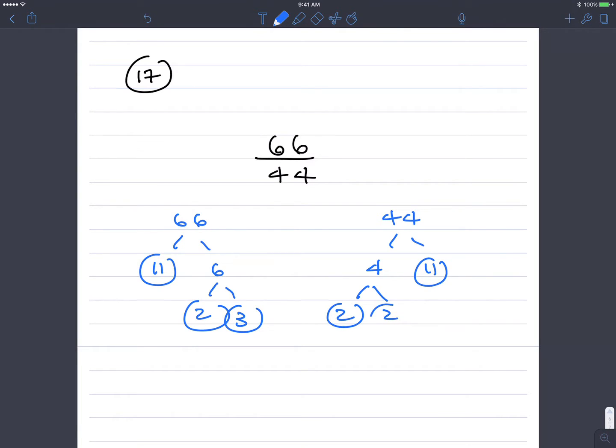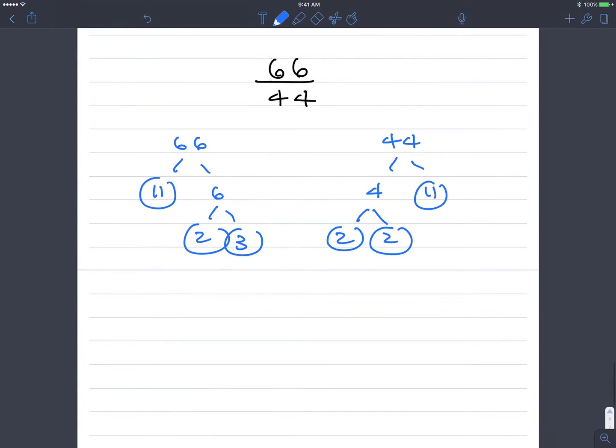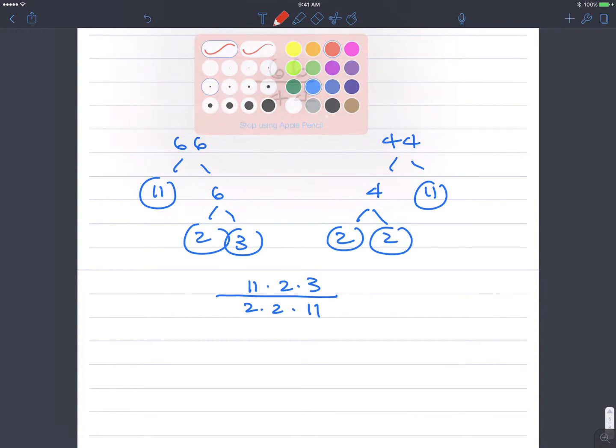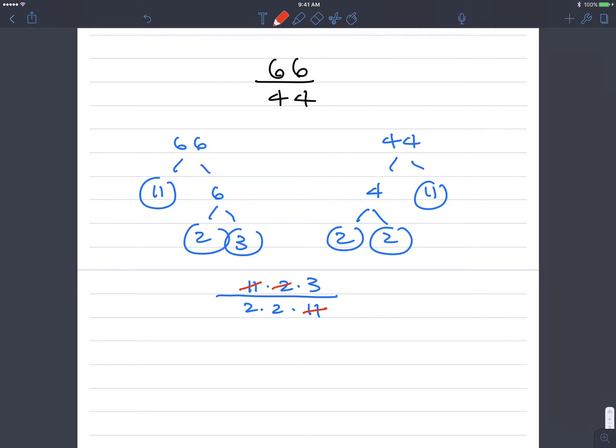And 4 is 2 times 2. Okay. 11 times 2 times 3 for the 66. And then 2 times 2 times 11 for the 44. 11's cancel. The 2's cancel. We have a 3 and a 2 that's left. Final answer is 3 halves.